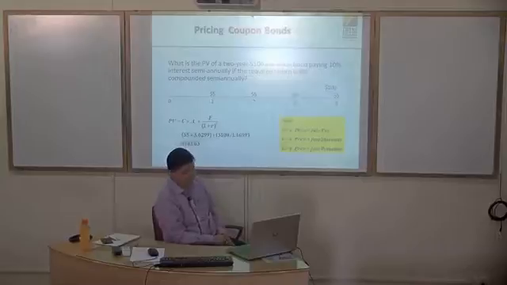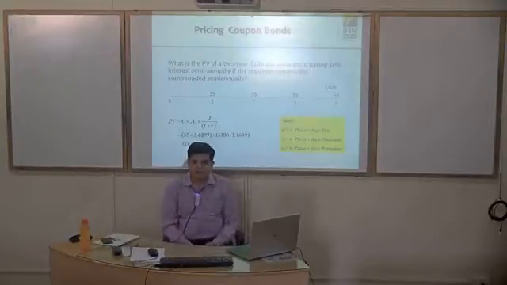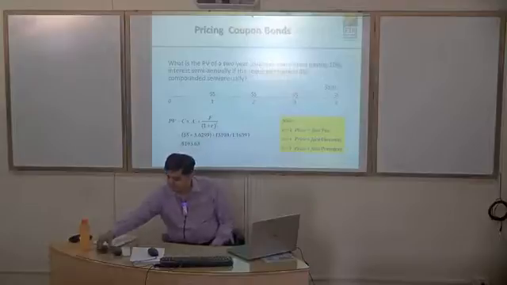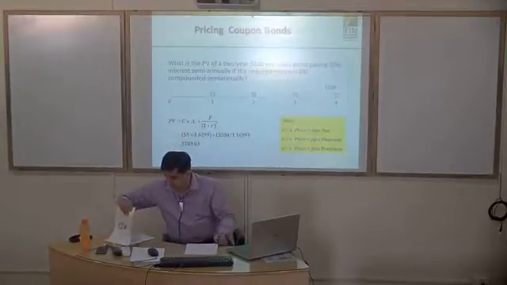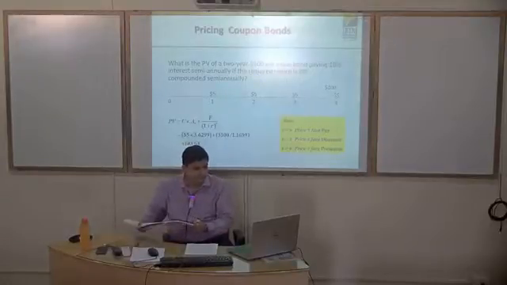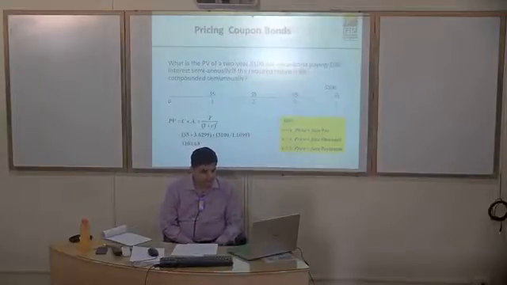Pricing coupon bonds. Okay, what is the present value of a 2-year $100 par value bond paying 10% interest semi-annually if required rate is 8%, compounded semi-annually?